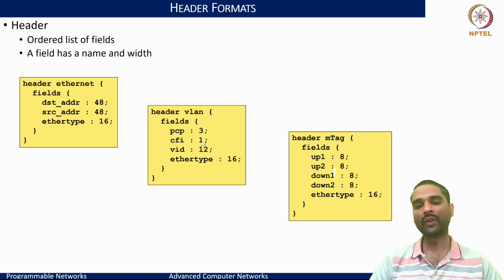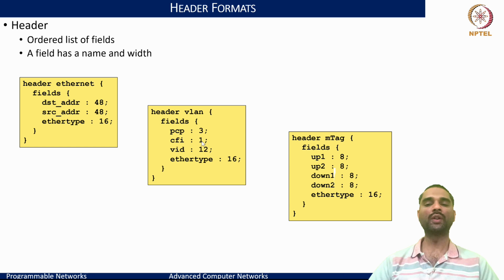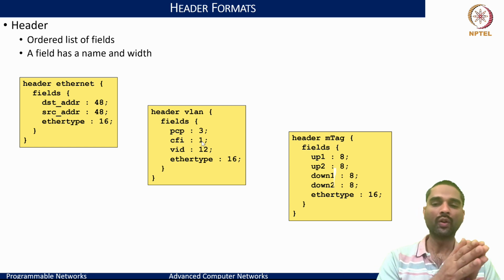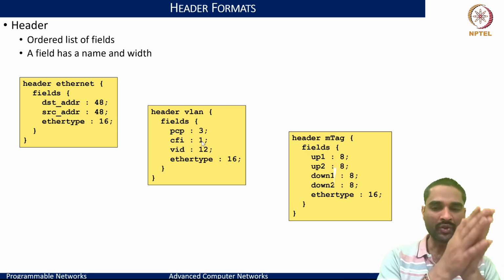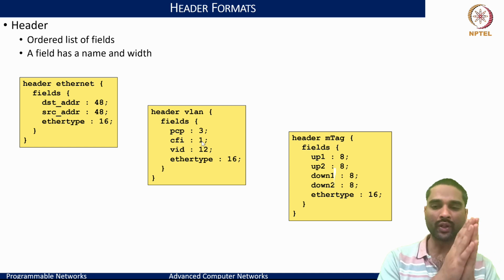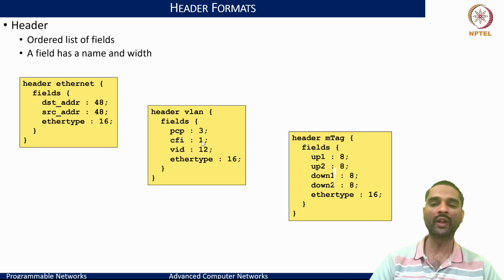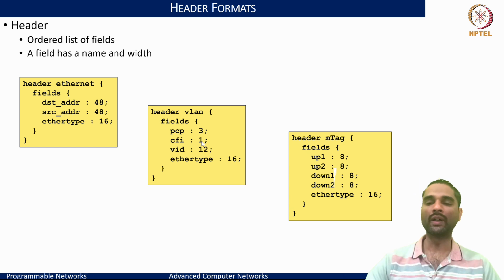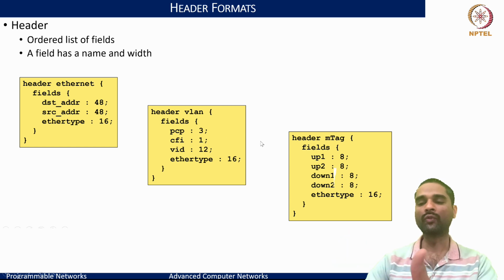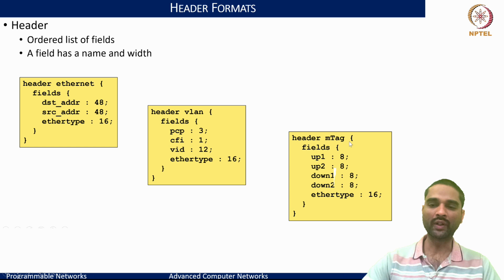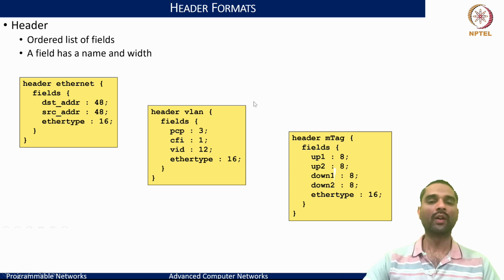In our case, we would want the header M tag, which would basically specify the upstream links it has to take and the downstream links it has to take, each encoded as 8 bits. Again, we would have the ether type added later to say what the following information after this header tag is.